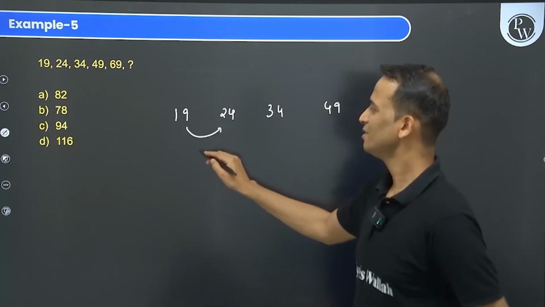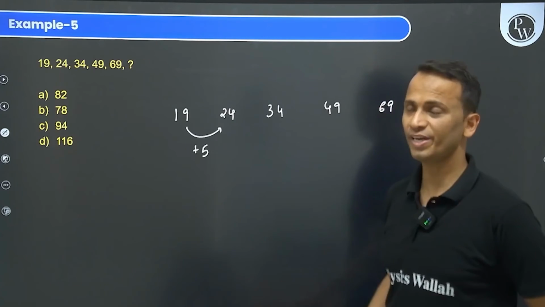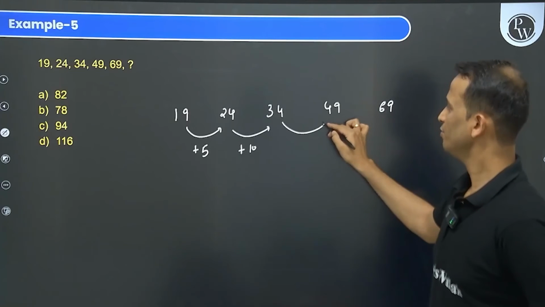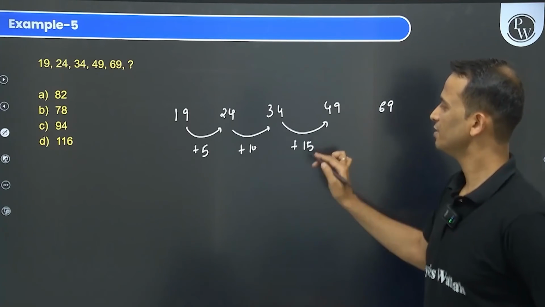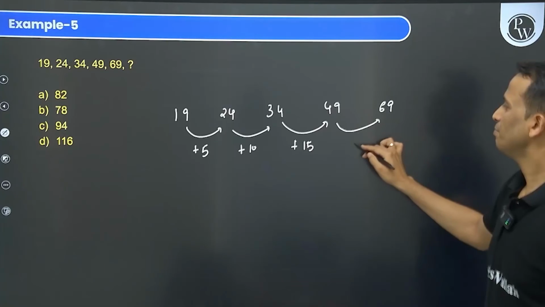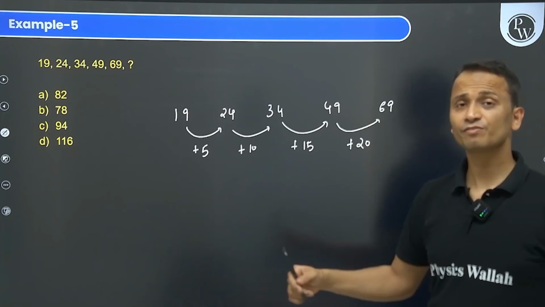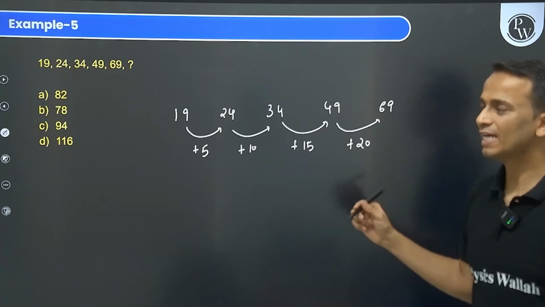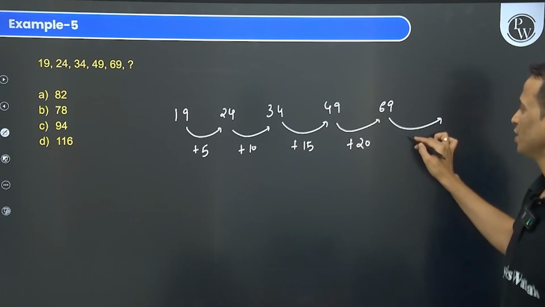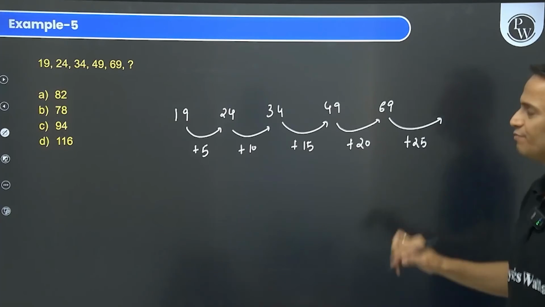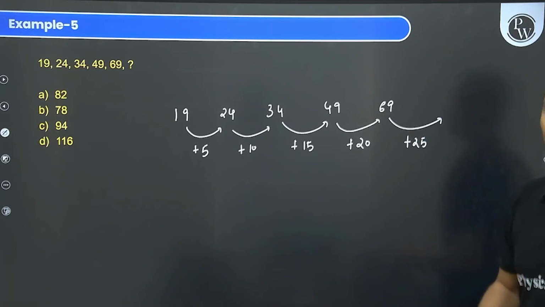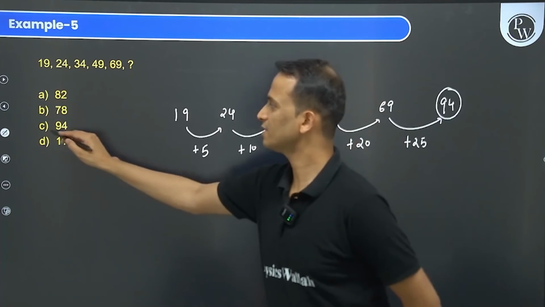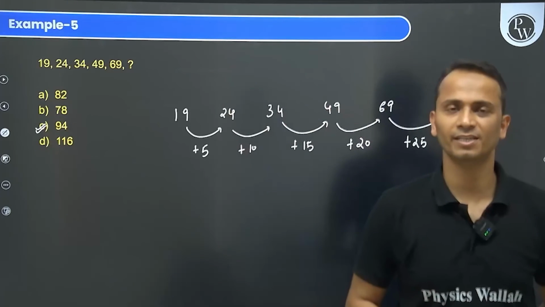So 19 plus 5 is 24. 24 plus 10 is 34. 34 plus 15 is 49. And then plus 20. So plus 5 plus 10 plus 15 plus 20. 5 के multiples add हो रहे हैं, successive multiples of 5. So next should be plus 25. 69 plus 25 is 94. So 94, that is again option C is the correct answer.